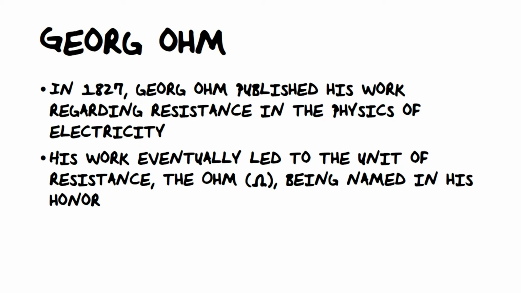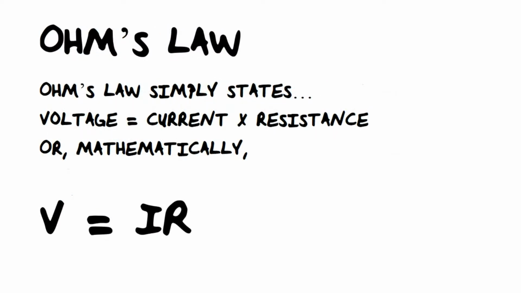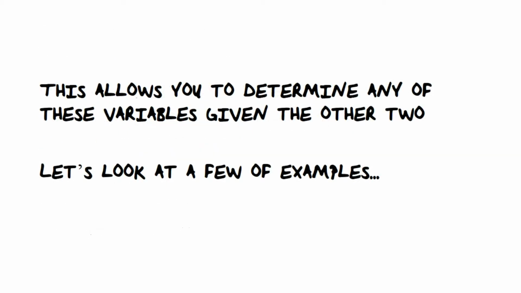Ironic, considering the topic of his work, don't you think? His work eventually led to the unit for resistance, the ohm, being named in his honor. Ohm's law simply states, voltage equals current times resistance. Mathematically, V equals IR. This allows you to determine any one of these variables given the other two.